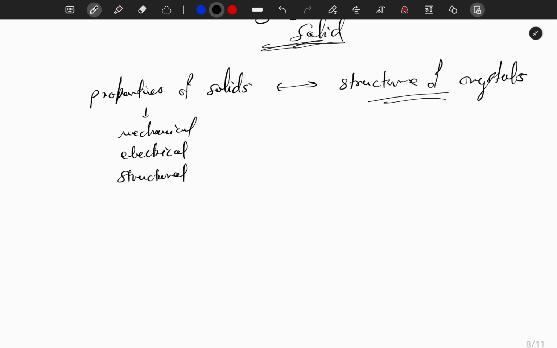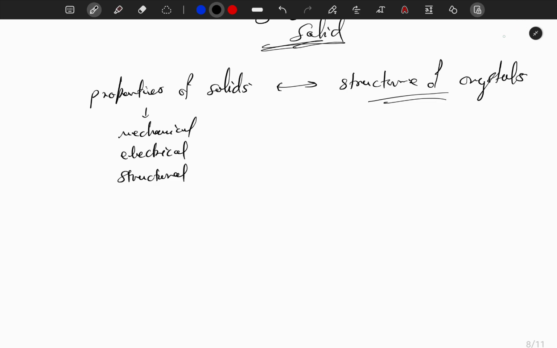If it is not, for example, if it is an amorphous solid, it may not have good mechanical strength. It cannot be used in structures, for example. So that's why these classifications are very important, and we should know which solid is amorphous and which is crystalline.